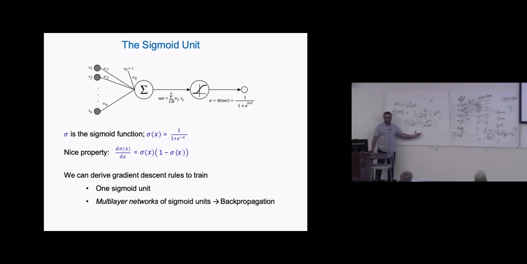Clear? Now, this is actually equal to 1 minus this, right? Is that clear? So this is essentially this.